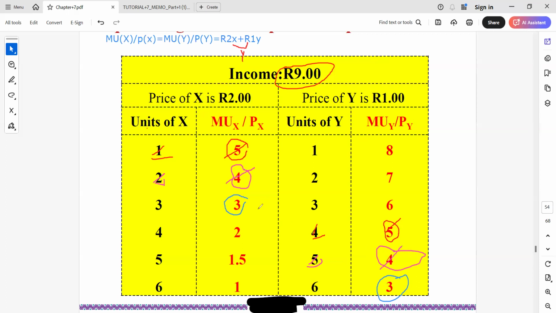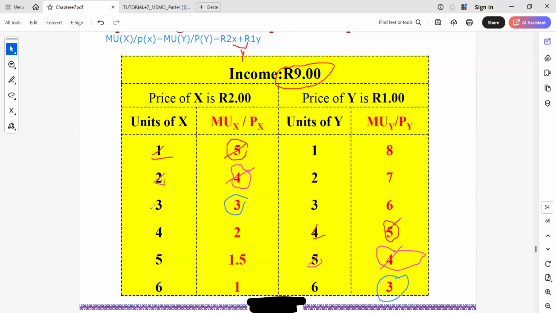Then we go to the third one. Your marginal utility per rand for good X is 3, and for good Y is 3, so the first condition is satisfied. Let's try to satisfy the second condition, where it also has to be equal to your income.